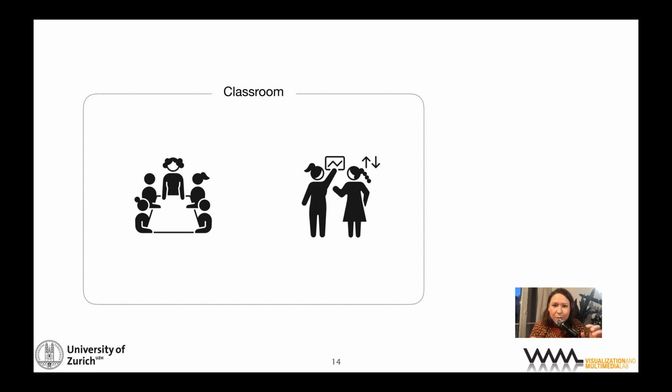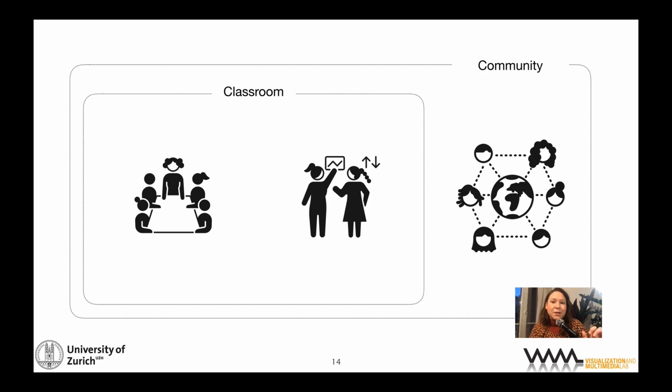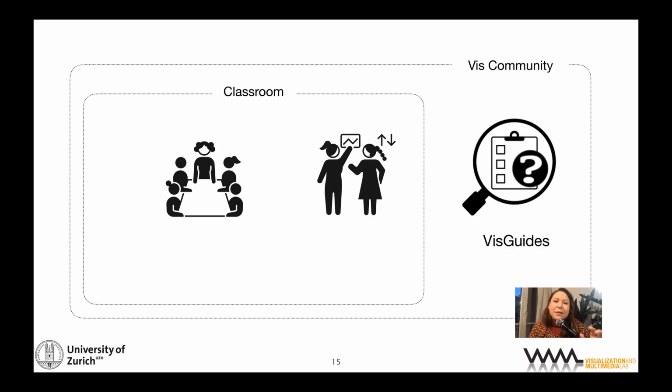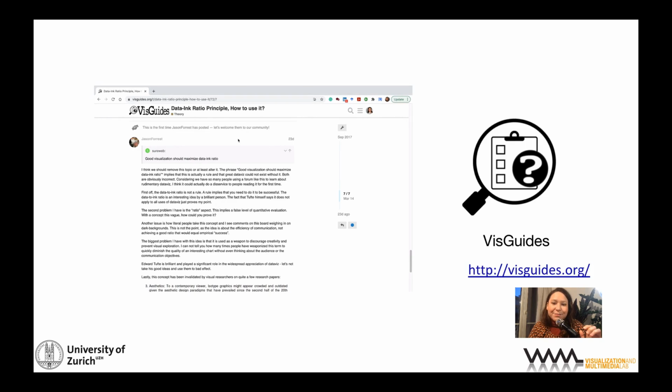In this work, we approach visualization education from the perspective of a classroom that extends the boundaries of the physical or virtual room to the outside visualization community, where both the classroom and the community mutually benefit. This symbiosis allows for the pluralization of ideas, critical thinking, and democratic discussions.